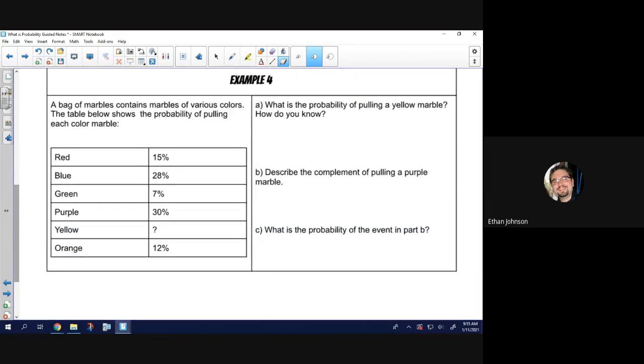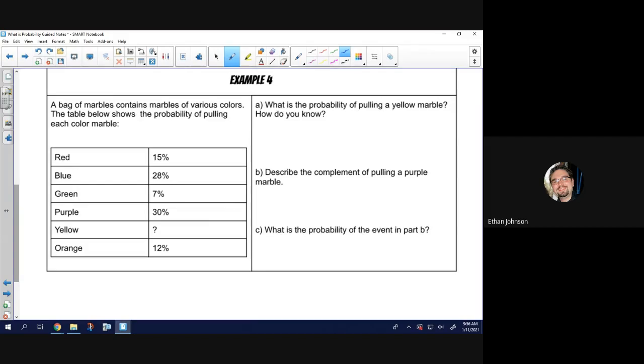Example 4 says, a bag of marbles contains marbles of various colors. The table below shows the probability of pulling each color marble. A, what is the probability of pulling a yellow marble? Well, like we said before, all probabilities have to add up to 1.